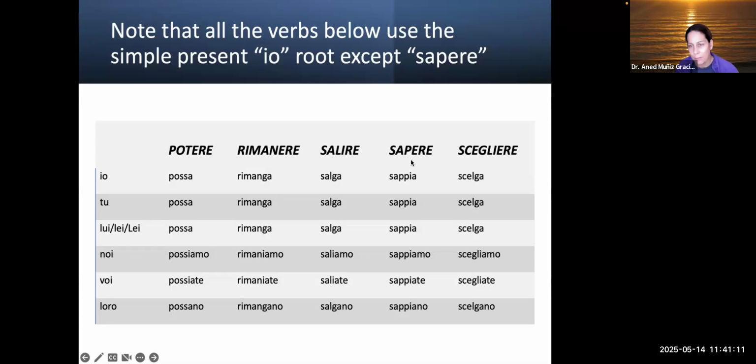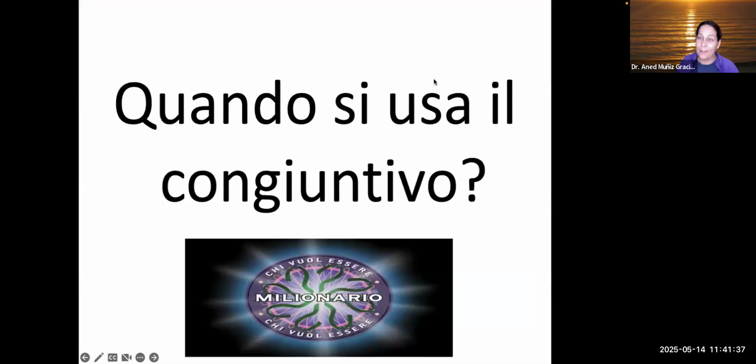But sapere is considered irregular because it's io so, and then sappia, but it's more like the noi sappiamo, S-A-P-P, right? And then scegliere, io scelgo. So this again is irregular in the io form, but once you have the io form, then just put the endings. And that's it for this week.